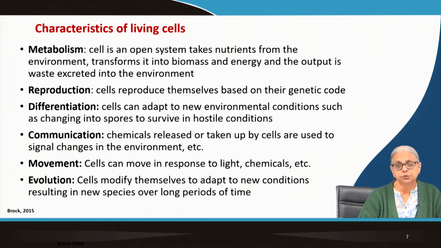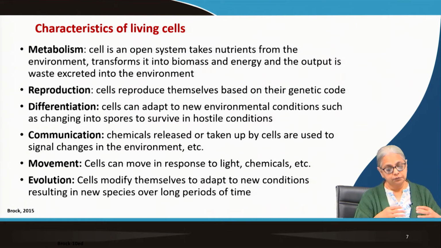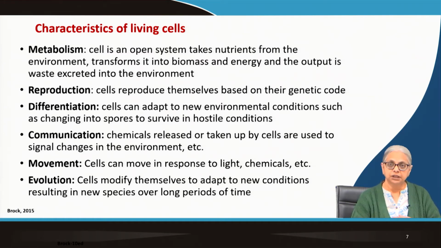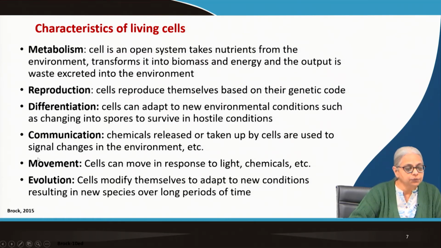So I will show you some examples a little bit later in subsequent topics where certain bacterial cells will gravitate towards, or rather move towards, greater oxygen levels or greater substrate levels, meaning food levels, greater light levels, and so on. So this communication and movement is related to whatever is required by that species of bacteria. It may be light, it may be chemicals, it may be oxygen, whatever it is.